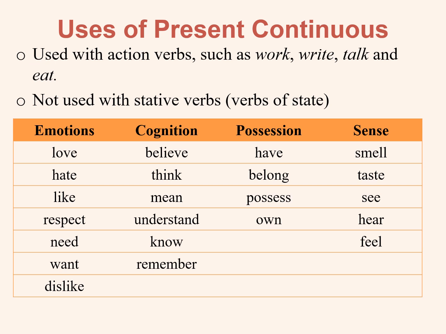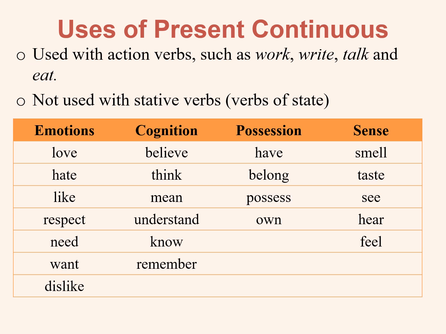Some of the verbs listed here have meanings other than stative meanings. So some of these verbs may be used in the present continuous, but when done so, the idea is different, the meaning is different. For example, the verb have, when used here, means to possess, to have something.